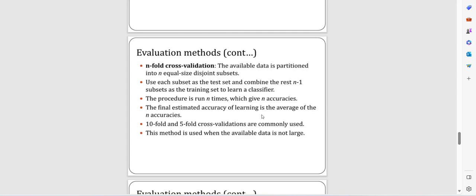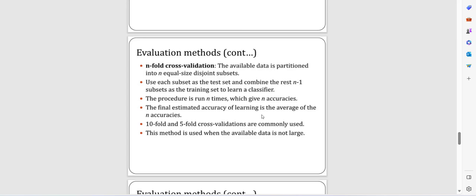If you are doing such a validation method, it is called n-fold cross-validation. For example, you randomize the data. Okay, the available data is partitioned into n equal-sized disjoint subsets. Use each subset as a test set and combine the remaining n minus 1 subsets as the training set to learn the classifier.